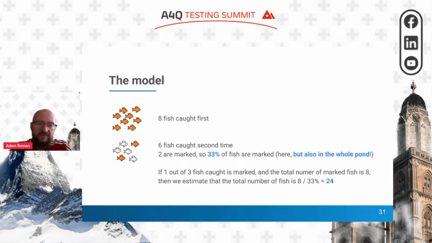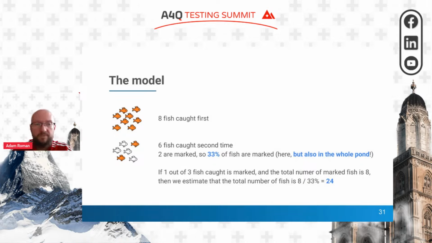If first there were 8 fish caught and painted orange, let's say, and then the second time we caught 6 fish, 2 of which were marked, it means that 2 out of 6, 1/3 of the fish here is marked, and we assume that this proportion also holds for the whole pond.